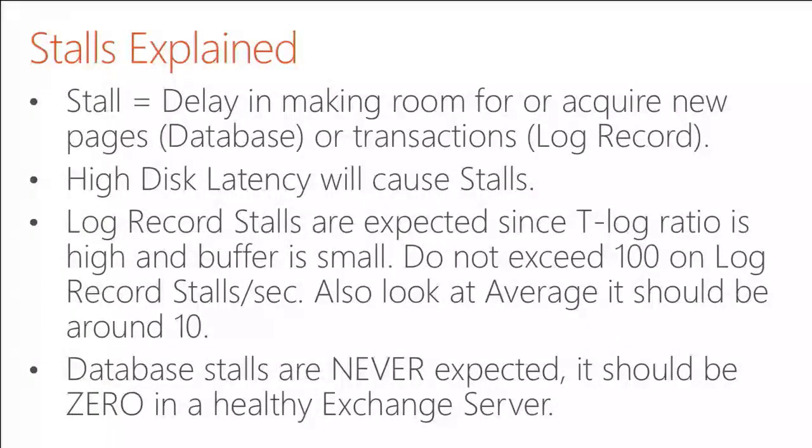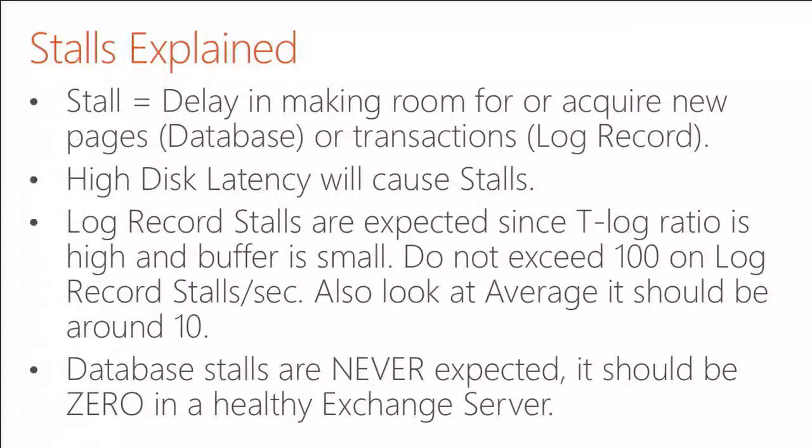Stalls. I mentioned stalls before. It's just an idea to make room for transactions to go up and down. We need to be aware of those: log record stalls per second and database stalls. Log record stalls per second, 100, is a peak number, not an average.